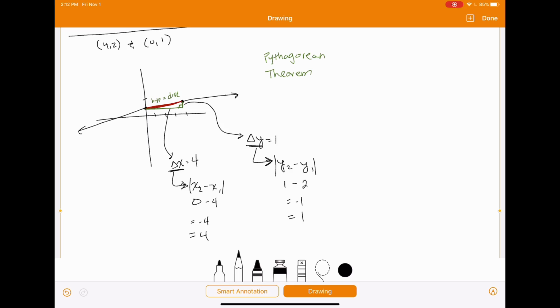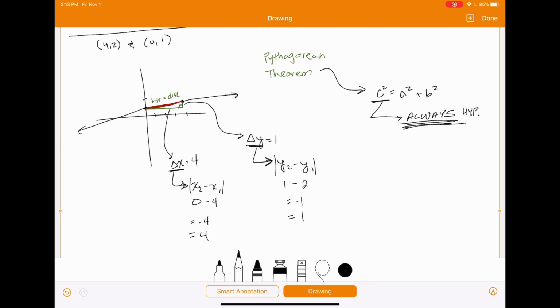All right. So now we can remember that the Pythagorean theorem is c squared equals a squared plus b squared, where c is always, always, always your hypotenuse.